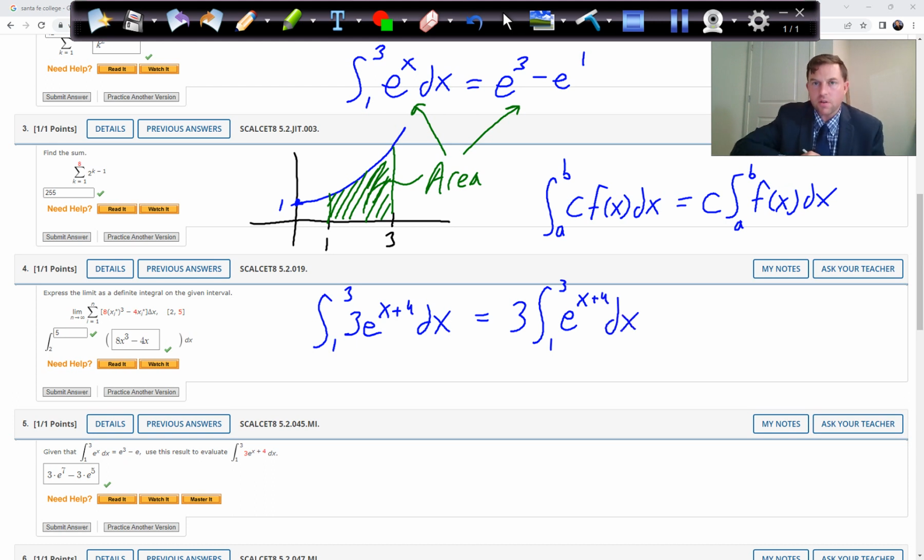Now we're going to use another algebra shortcut that has nothing to do with calculus at all. And that says if I have x to the n times x to the m, that equals x to the n plus m. But we're going to go this way. So e to the x plus 4 is the same as e to the 4th times e to the x.